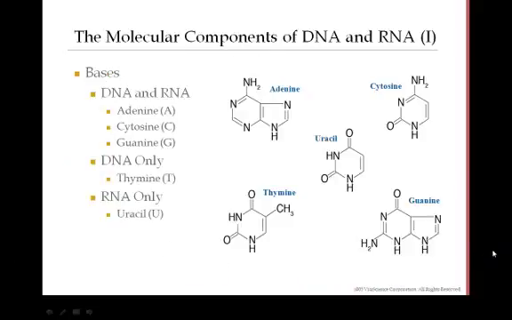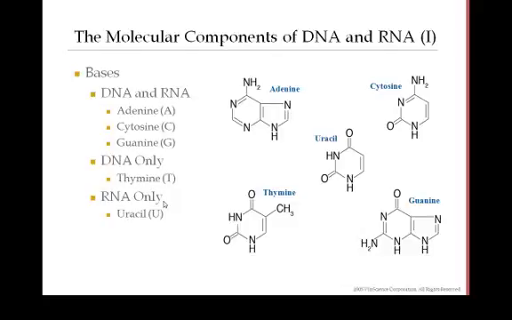Next, let's take a specific look at those bases that are part of the nucleotides that make up both DNA and RNA. As you see here, there are two different groupings of bases, or three I should say. There are bases that are found in both DNA and RNA. These include adenine, cytosine, and guanine. Then there's thymine, which is found only in DNA, and uracil, which is found only in RNA.